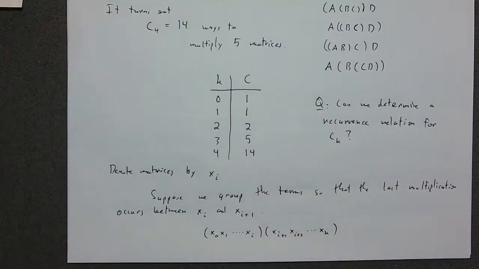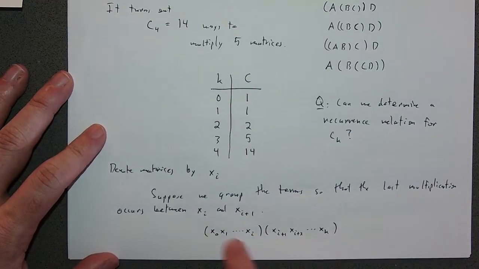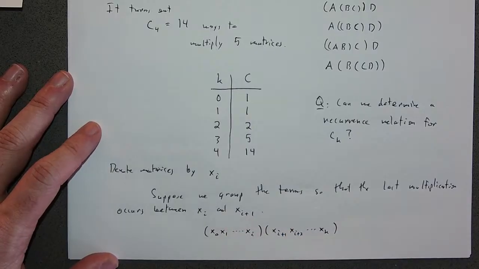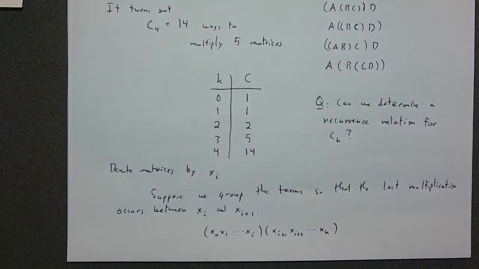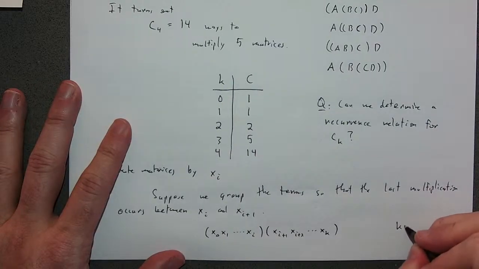So notice that the order of the x sub i's doesn't change when we are doing this reassociating, this moving of the parentheses. The only thing that changes is our placement of parentheses around them in this way. Okay, so say that we've done this. This is exactly k plus 1 matrices. I'll write it here.